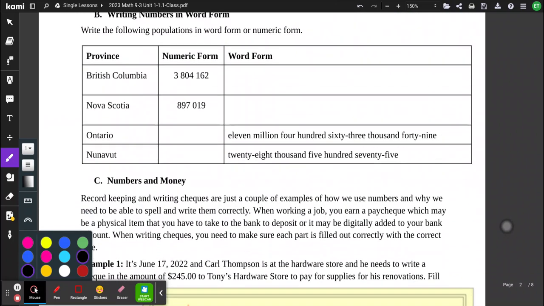So turn your page. Now we're talking about writing these digits in word form. So now spelling matters. Okay, so the first one here, we have 3,804,162. So spelling out each of the digits, 3, then I have million.